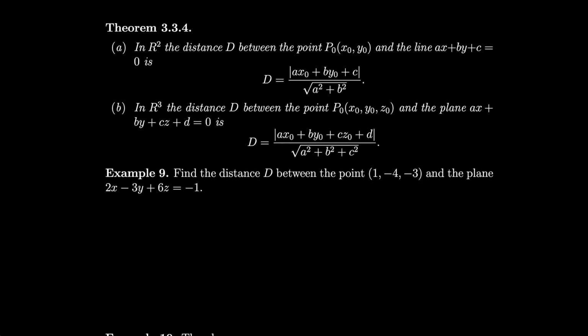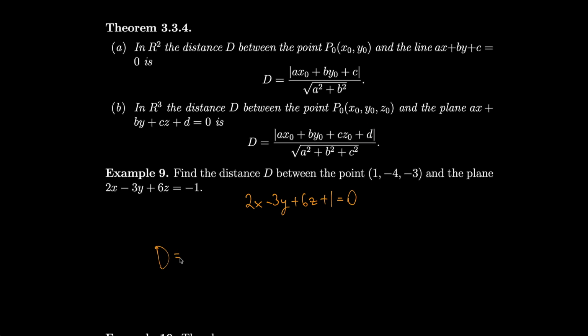As an example, let's find the distance d between the point 1, minus 4, minus 3 and the plane 2x minus 3y plus 6z equals minus 1. So I'm going to move over the minus 1, so I'll get 2x minus 3y plus 6z plus 1 equals 0. That way it'll be in the same form.